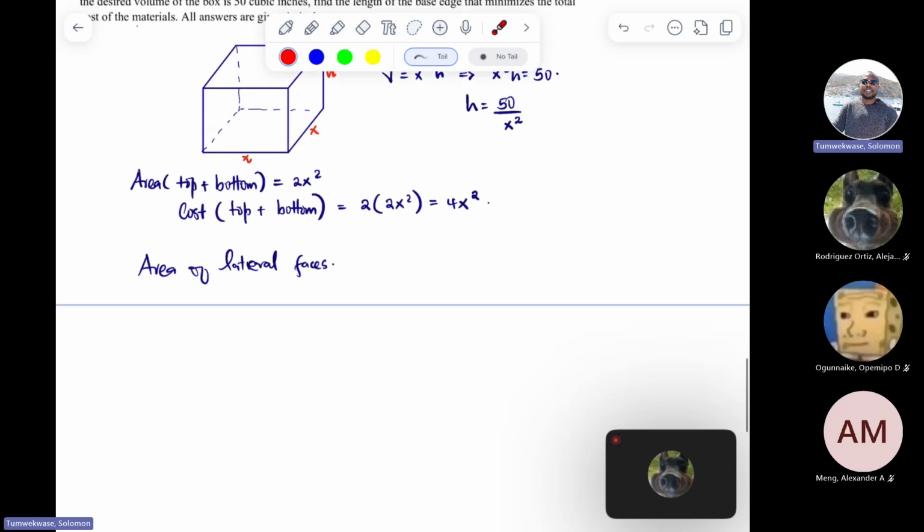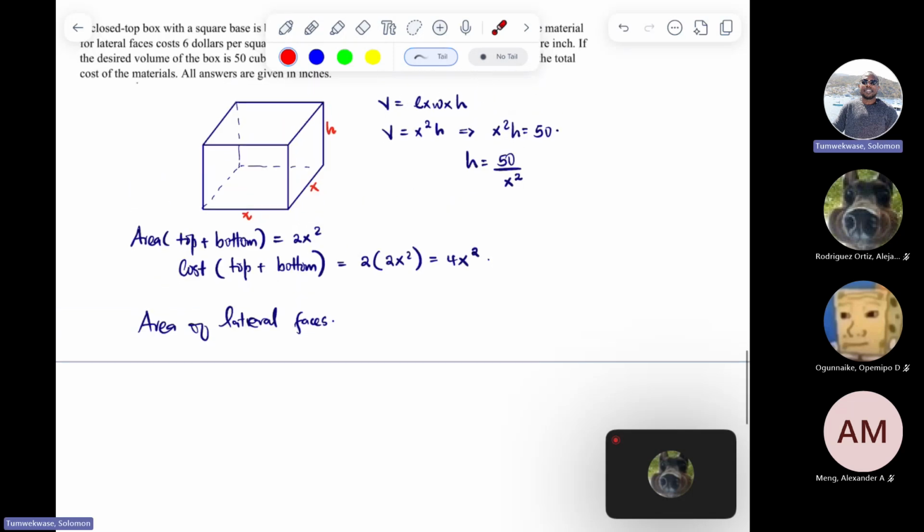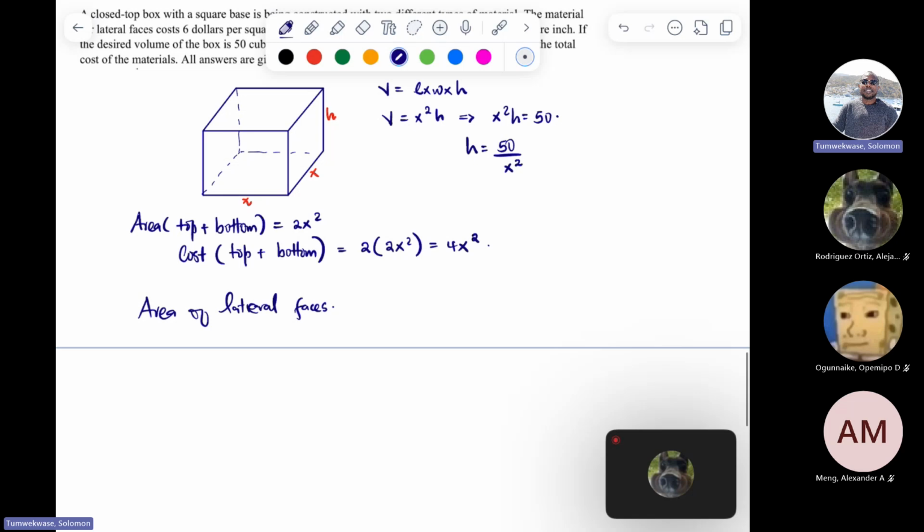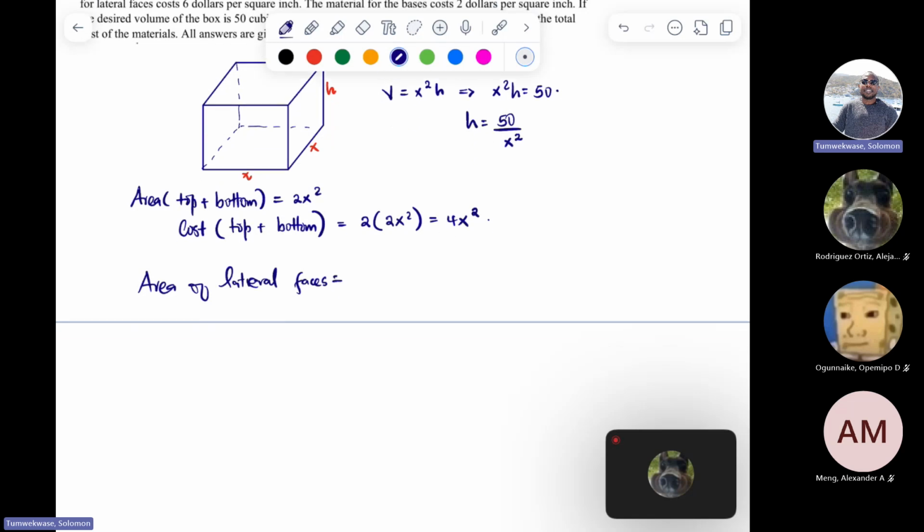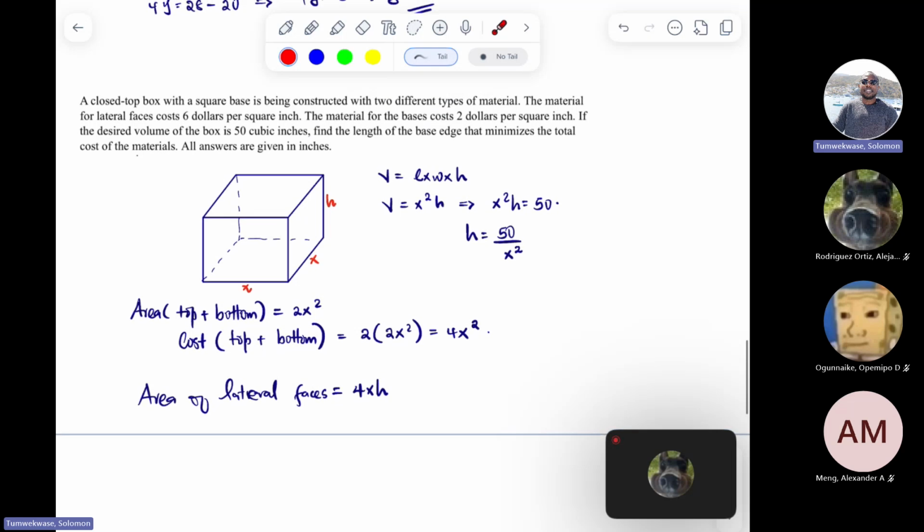So there are 4 lateral faces, and each face has an area of length times width, so x times h. Each of them has an area x times h, and there are 4 faces, so the total area is 4 times x times h. Now, they are saying that the material for constructing each of the lateral faces costs $6 per square inch.